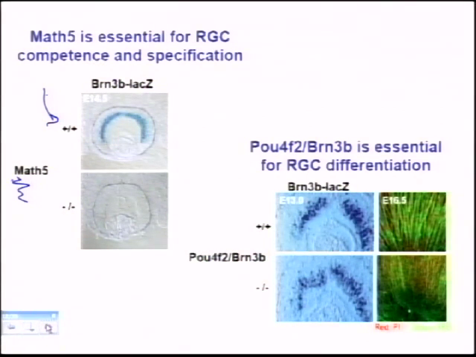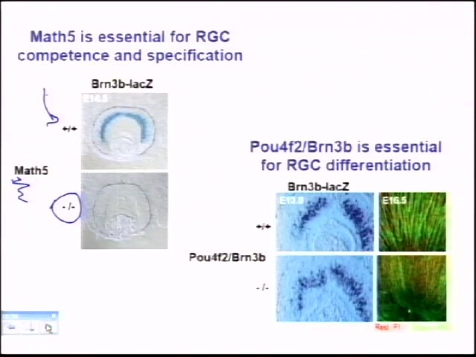Remember, I told you brain3B is an important transcription factor, but it's also the earliest marker for ganglion cells. You can see the LacZ expression, and very clearly in a wild-type mouse, at E14.5, brain3B is turned on. When we make a knockout in MAF5, we lose all ganglion cells. They don't form. Brain3B is not there, and the ganglion cells aren't there either.